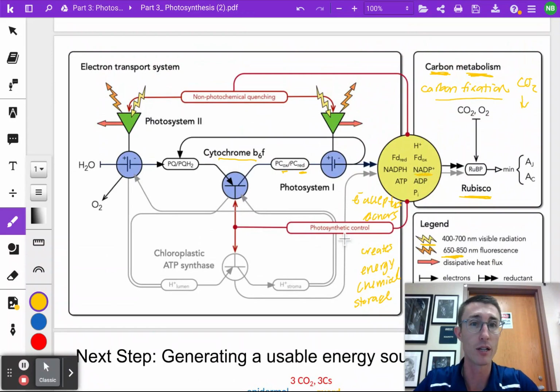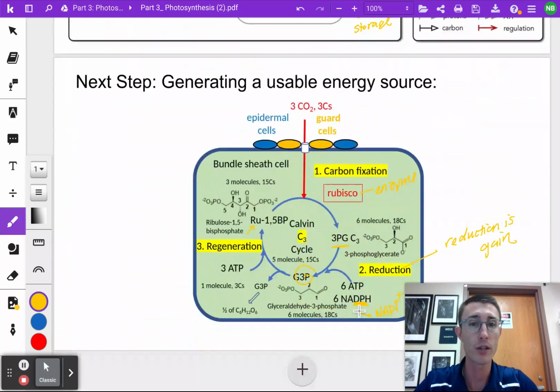So we see the NADP plus here, and this NADP plus will just go right back to the light reactions and function as an electron acceptor there. This is going to gain electrons and become this G3P molecule. Ultimately, we want that because it's half of a glucose, which is where we end up with the energy that the plant is going to use to maintain its processes.